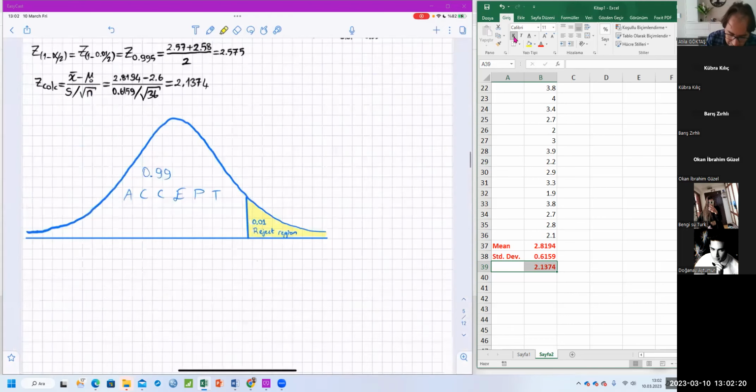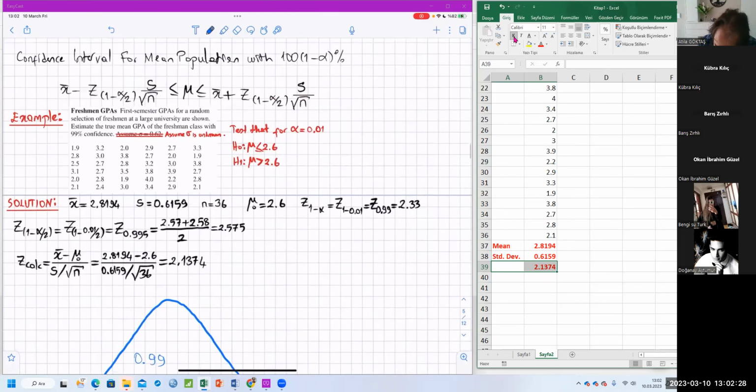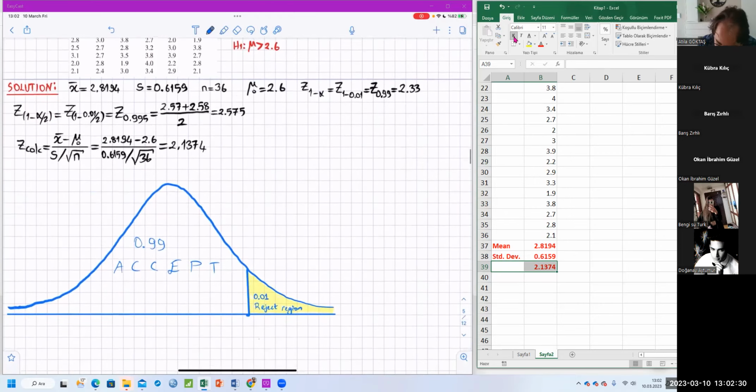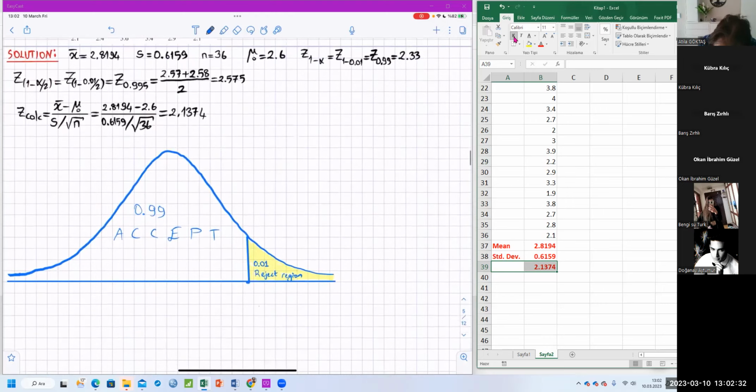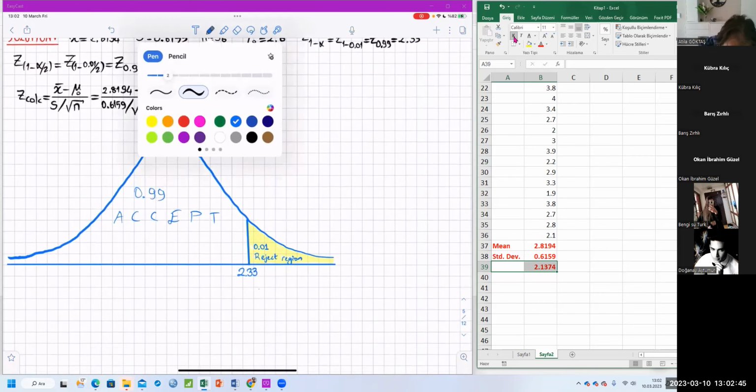The calculated statistic, and we need to determine the critical value. The critical value we determined already is 2.33. So this is 2.33, the critical value, and the calculated statistic.